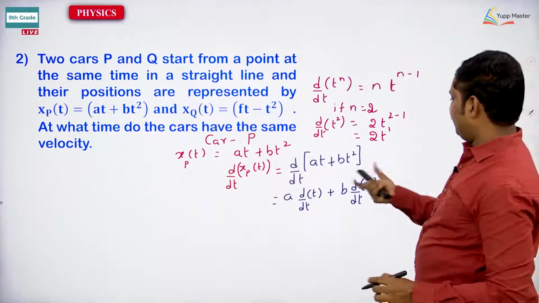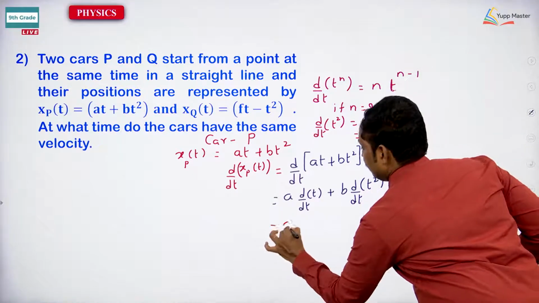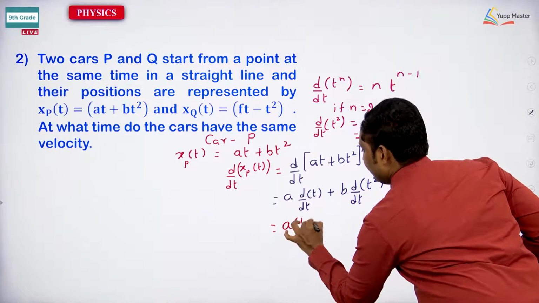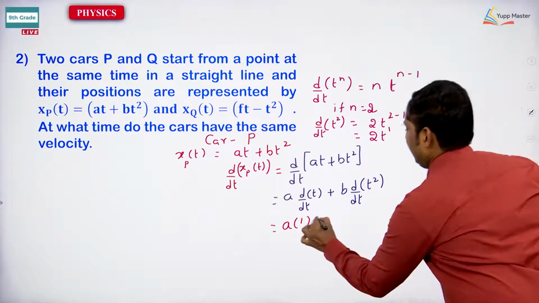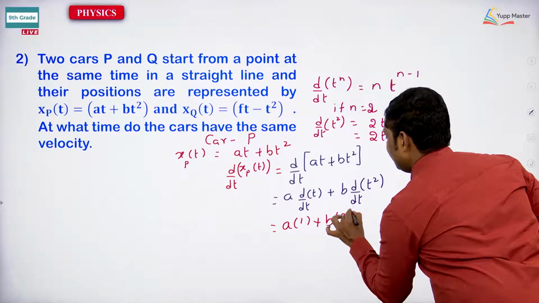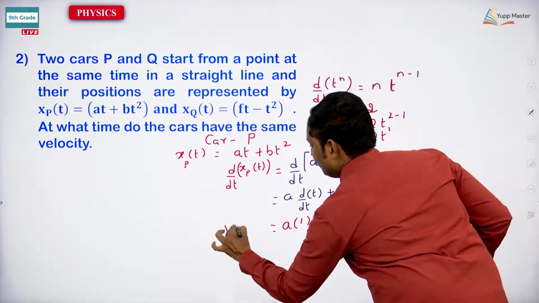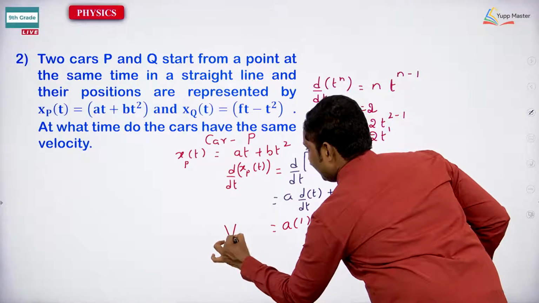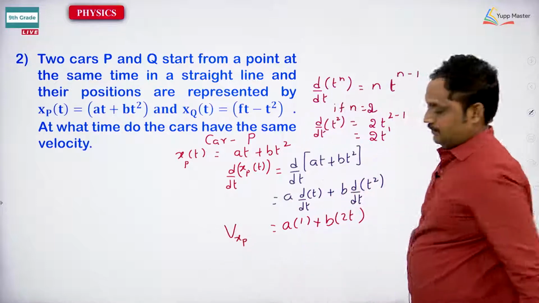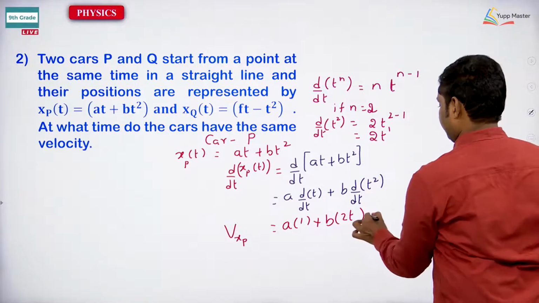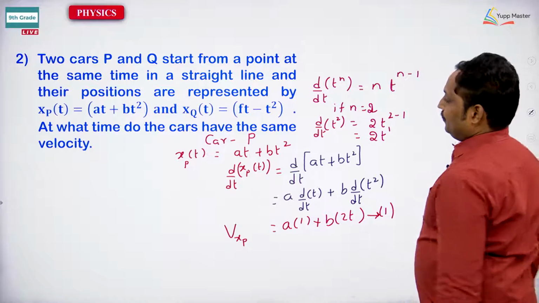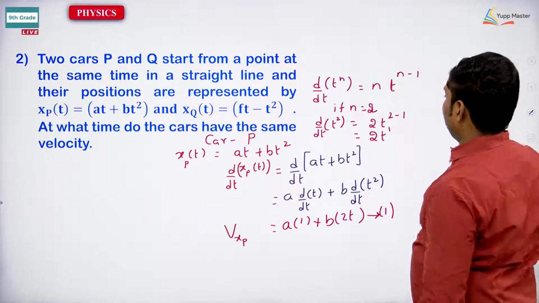So, 2t, like that we can apply, this is the same case. Therefore, a into 1 plus b into 2t, this is v of P. All right, this is the first one. For the second car, just you have to take this one.